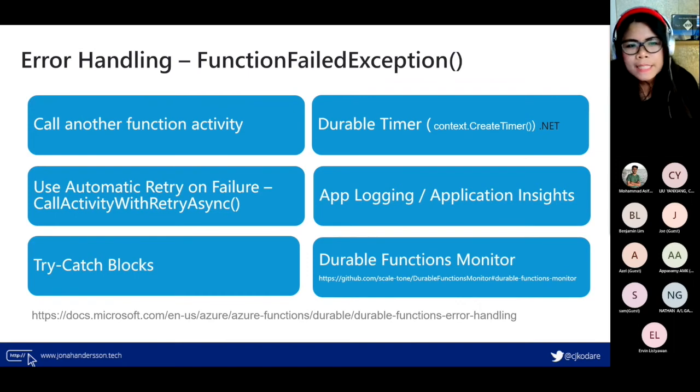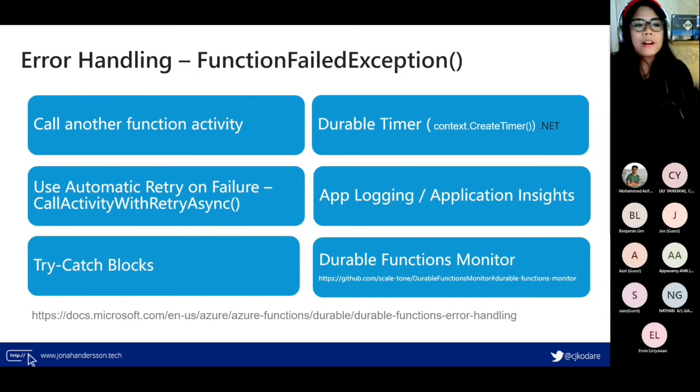The syntax for a durable timer is different depending on the language you're using in the function. For example, in .NET, you can just call the method CreateTimer to create the timer. And I believe in JavaScript it's also the same, context.df.createTimer, I think. So it's in the docs as well.